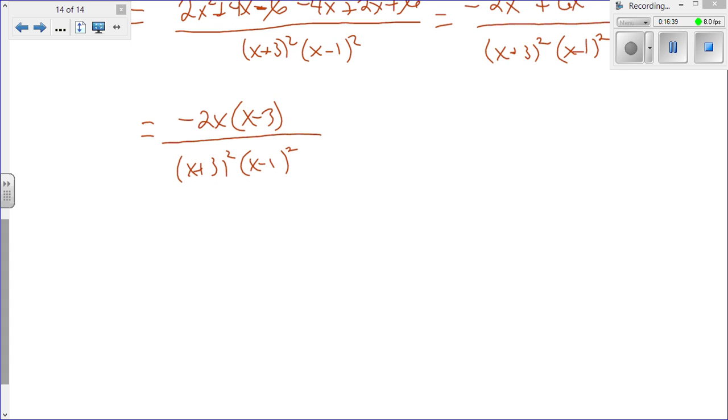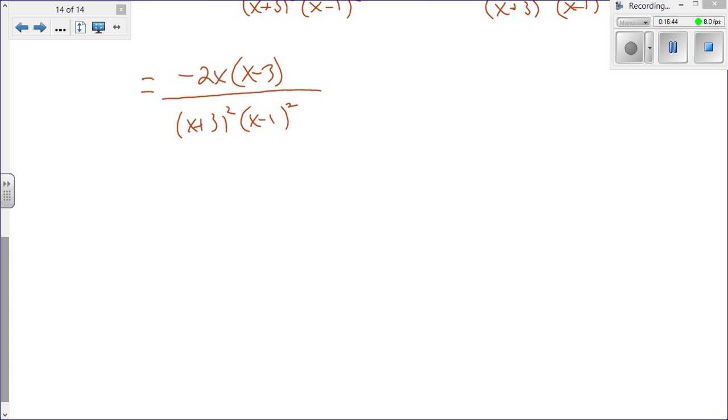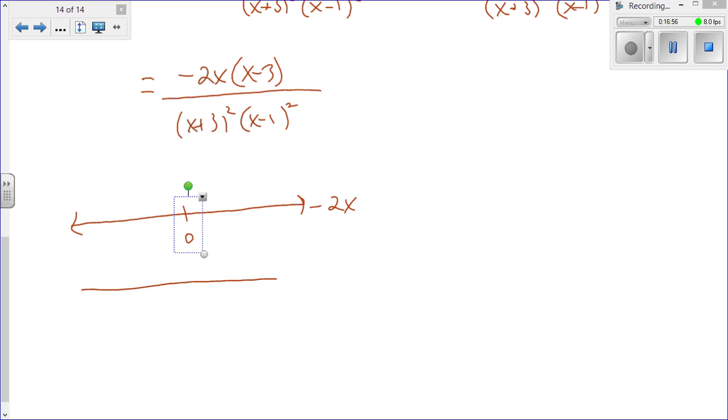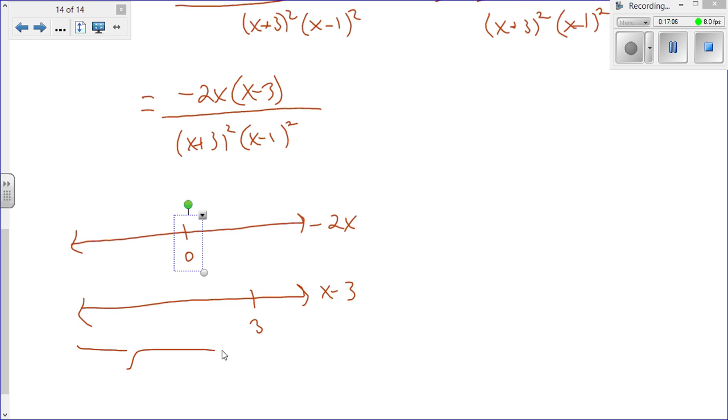Good news. Now I have to find my intervals of increasing and decreasing. Well, I'm going to do my number lines. So I have negative 2x, and that would be equal to 0. And then I have x minus 3, and that would be equal to 3. Oh, well, isn't that strange?